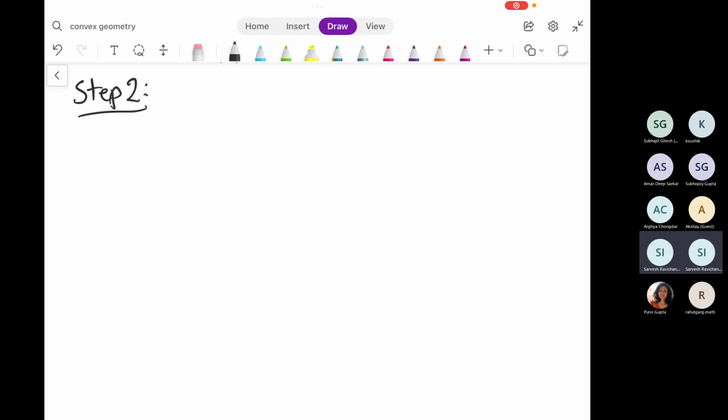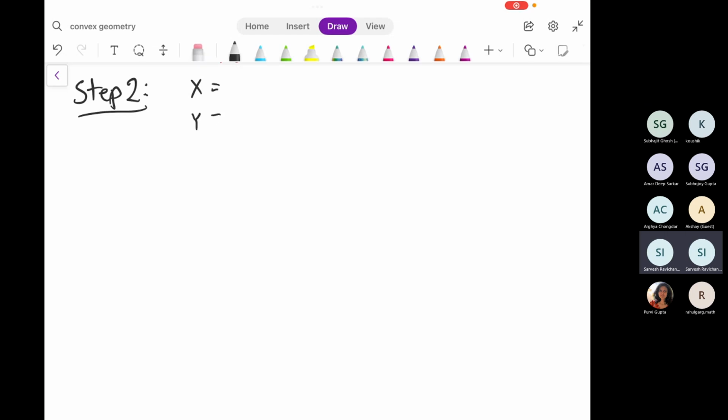Now what we will do in step 2 is the following. We will deal with the situation where X and Y are disjoint unions of SCPs. So what does that mean? Well, it doesn't mean disjoint in the usual sense.